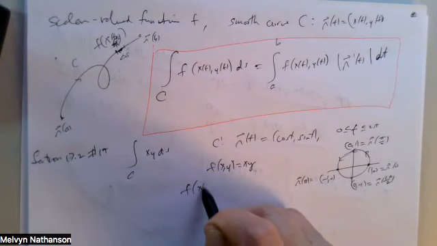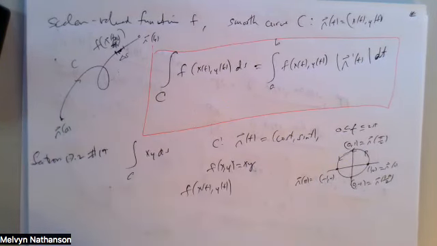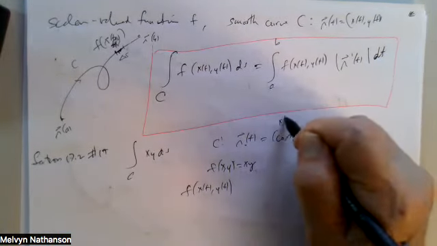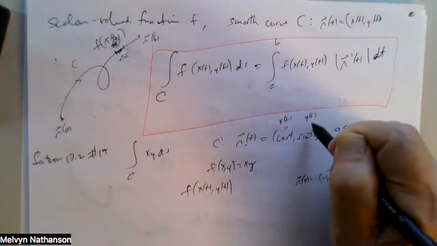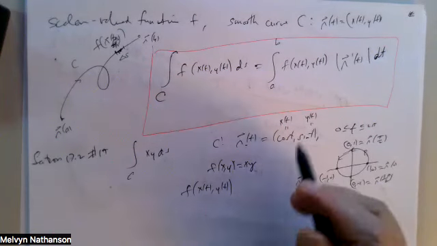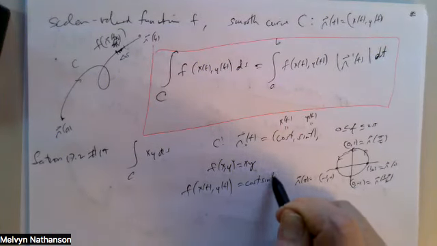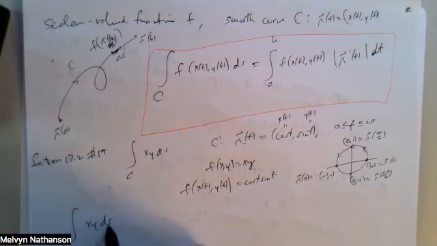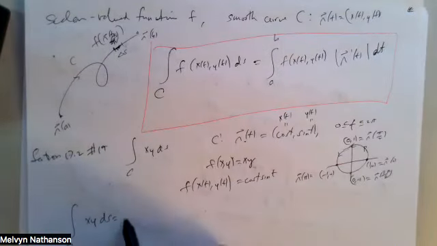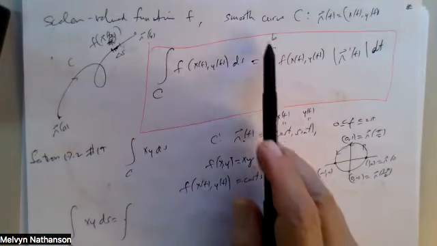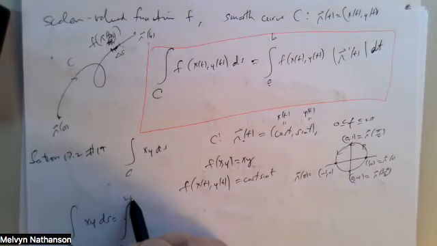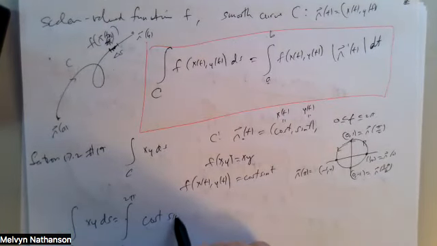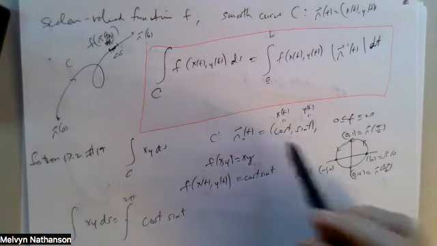So f of x of t, y of t. For my curve C, the x coordinate is cosine t, the y coordinate is sine t. So x times y is cosine t sine t. So the integral around C of the function xy ds, if we apply this formula, is the integral from 0 to 2 pi of f of x of t, y of t, that's cosine t sine t, times the length of r prime of t.